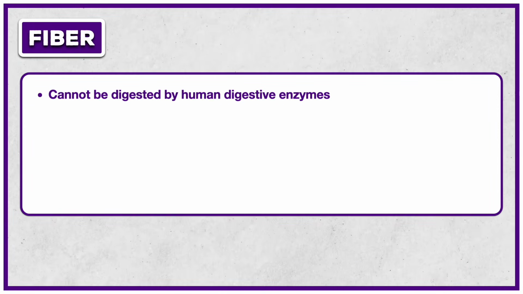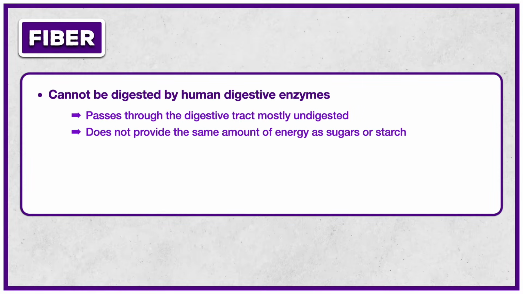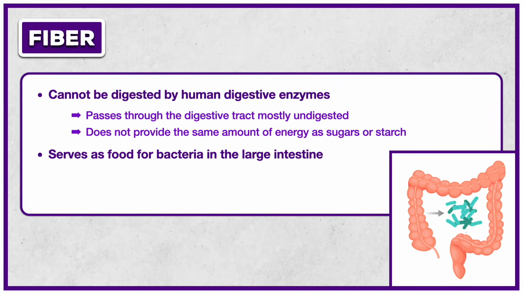Finally, for fiber, I want you to know that it cannot be digested by human digestive enzymes. It passes through the digestive tract mostly undigested. It therefore does not provide the same amount of energy as sugars or starch. Fiber serves as food for bacteria in the large intestine.